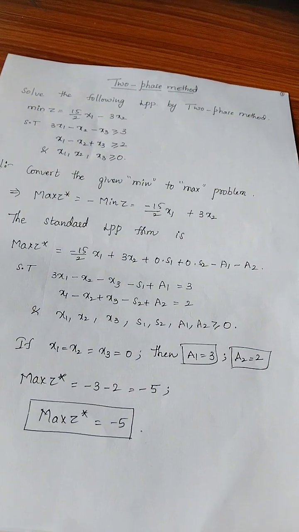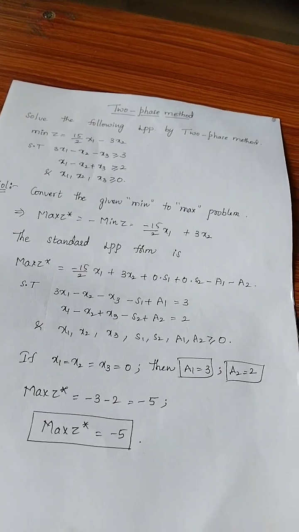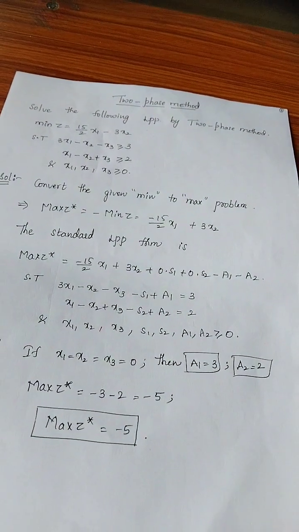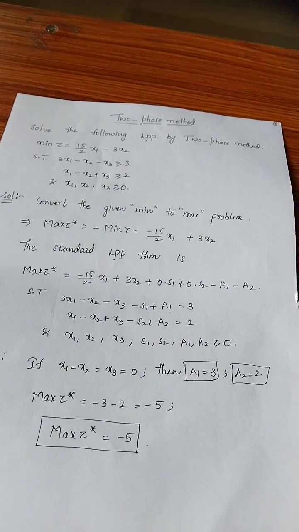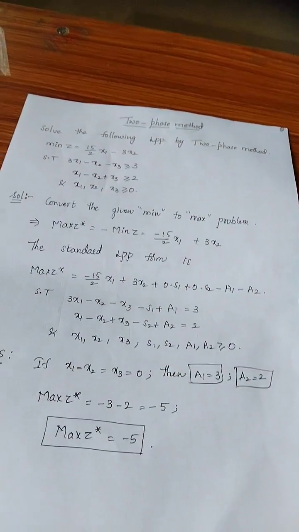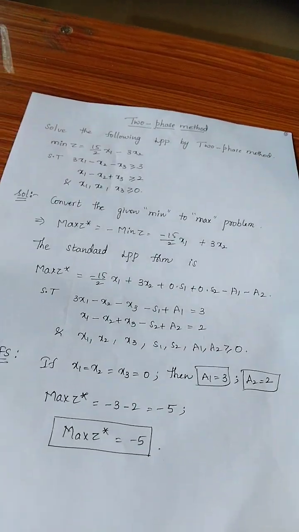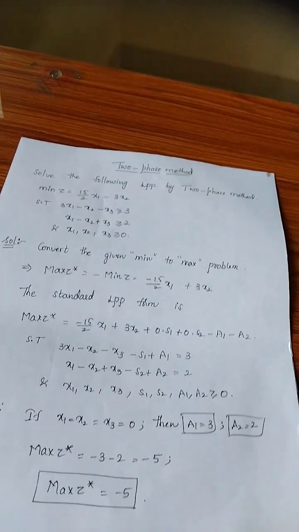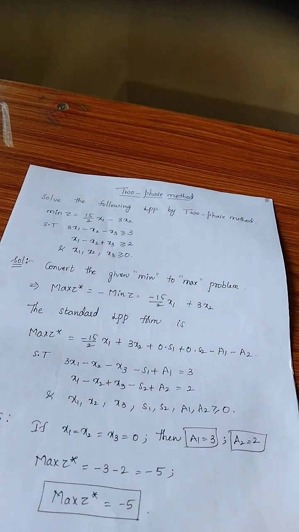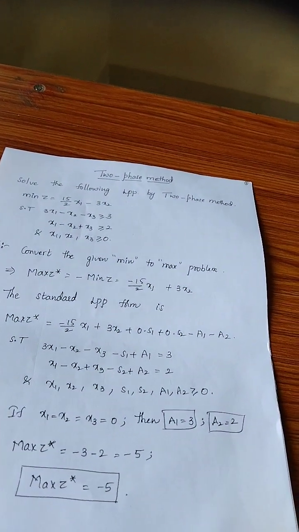Phase 1 will be completed when the value of z becomes 0 and all the zj minus cj values are positive. That means all zj minus cj must be greater than or equal to 0. Only then is phase 1 completed.